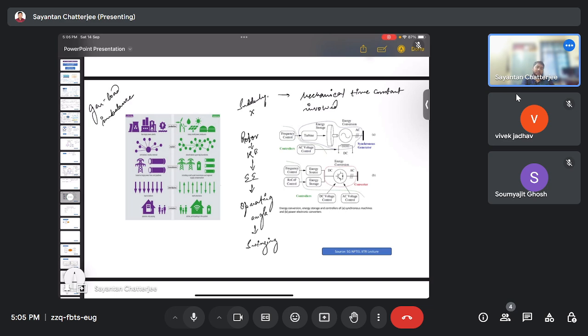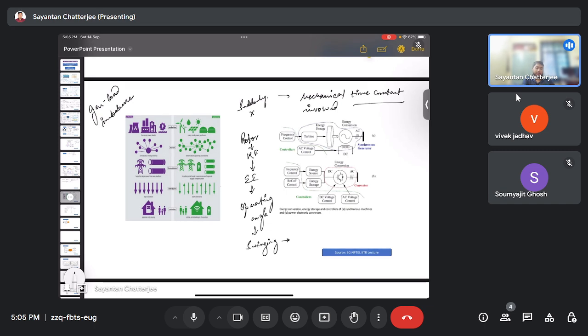And after the time frame which is set by this mechanical time constant, it again comes back to its original operating position. Let's consider if its operating angle is del 1, it comes to del 2.